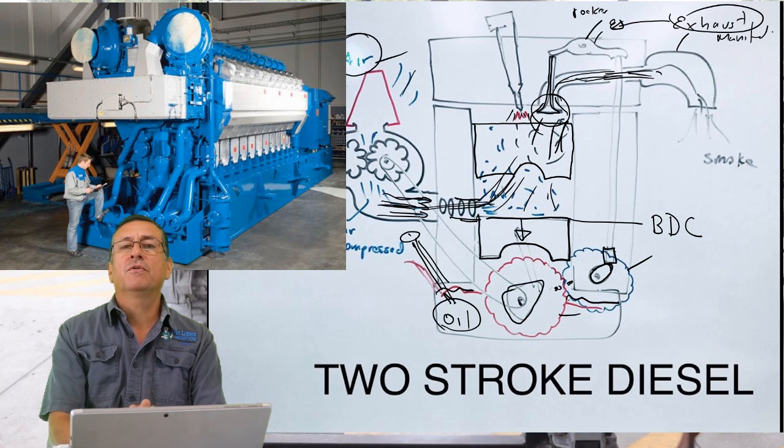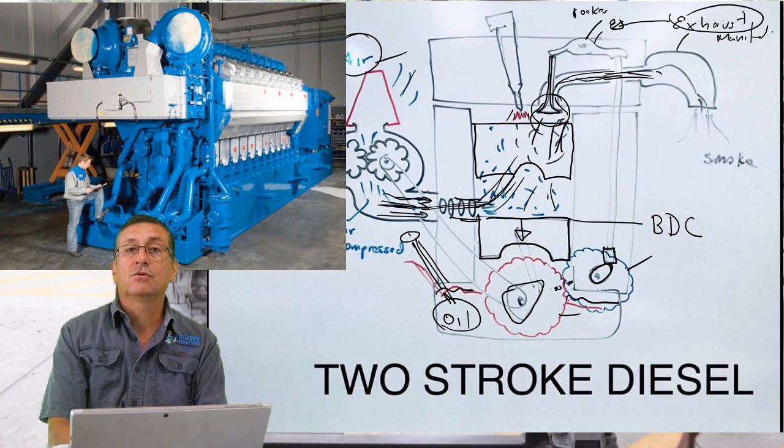For that reason, they are the preferred engines for cargo ships, for containers, and mega yachts. This is the basic difference between two-stroke diesel engines and gasoline engines.